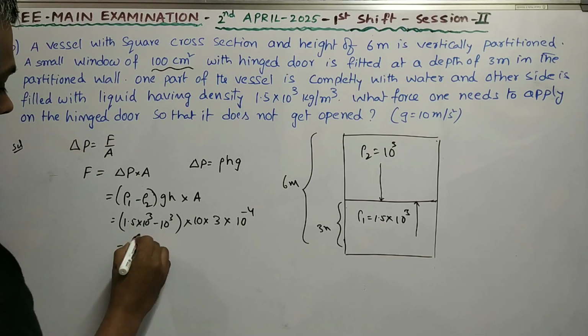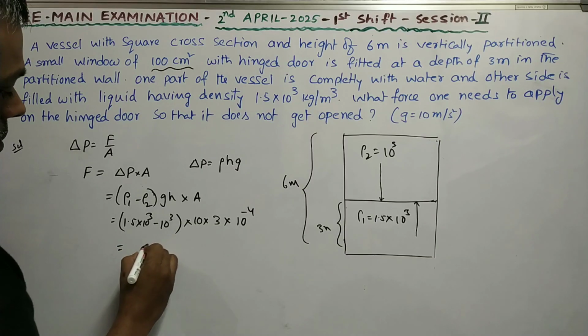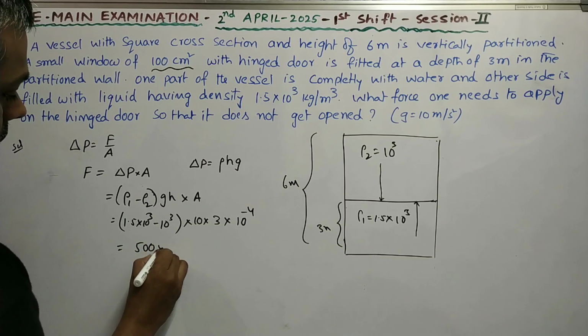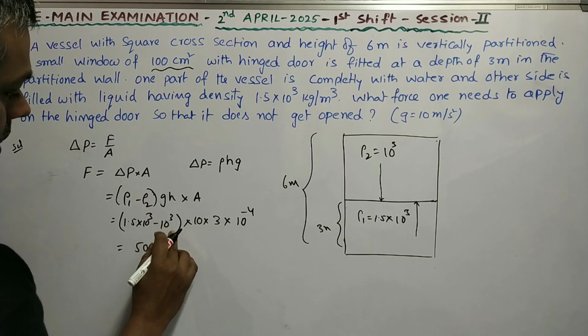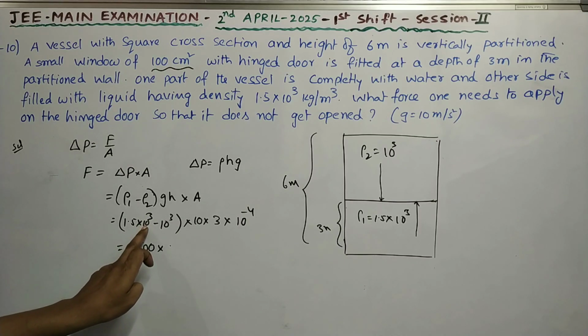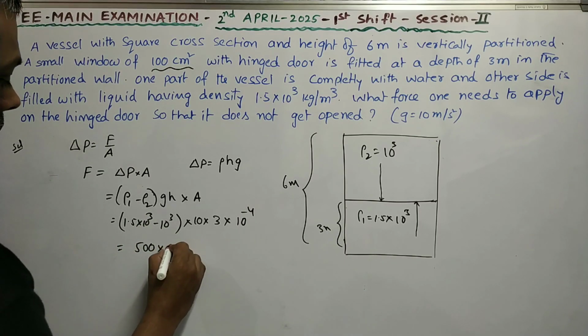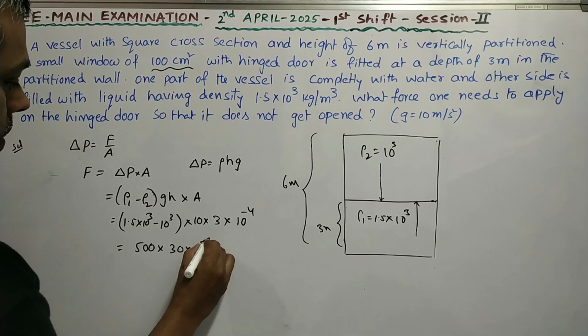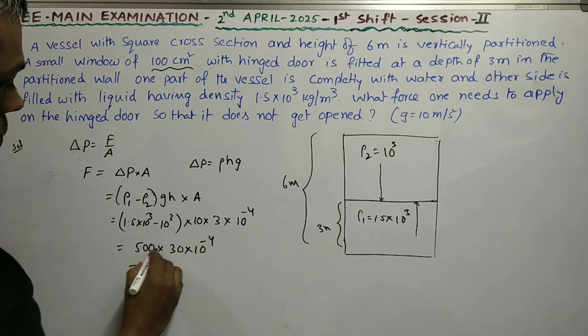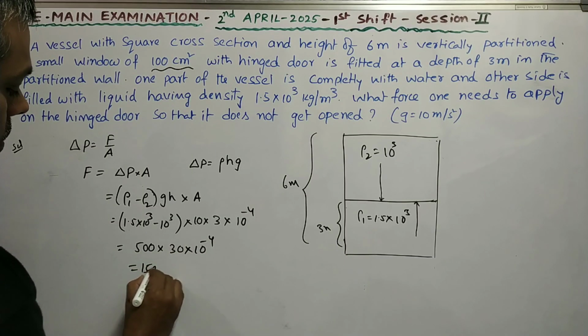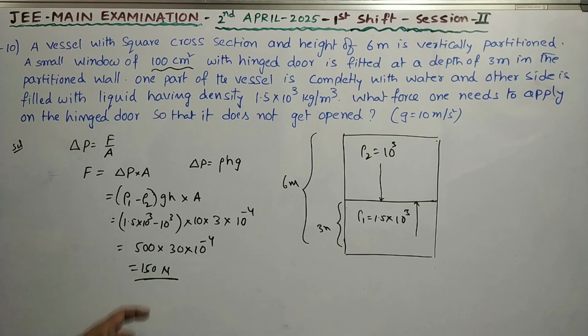So that is 1500 minus 1000, that means 500, into 10 into 3 into 10 power minus 4. 5 3s are 15, that means 150 Newton. So this is the answer for this question.